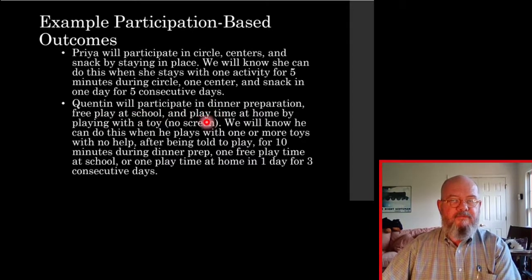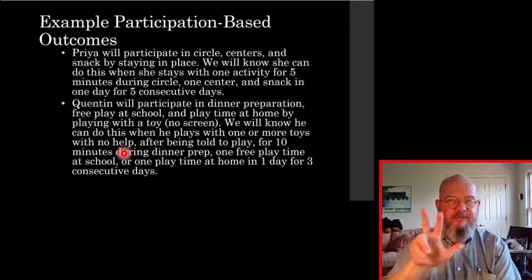So to find out whether he has achieved this goal, we will know he can do this when he plays with one or more toys with no help after being told to play for 10 minutes during dinner prep. So it's again a duration acquisition criterion.